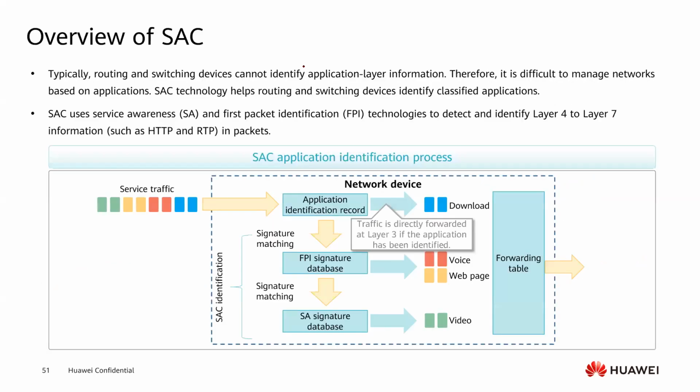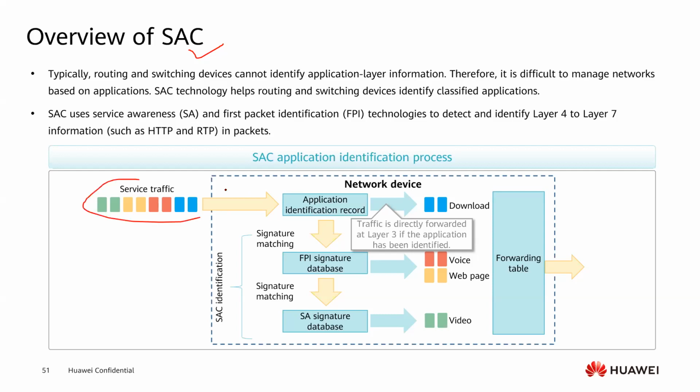So how to achieve that? Let's look at SAC first. The only function of SAC is to classify the traffic. In the old days we could only use DSCP, but with SAC we can forget about DSCP. It works in this way.